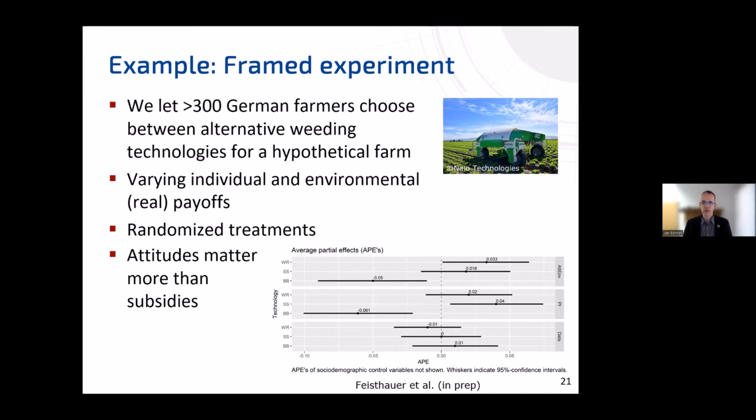So we measured the farmers' attitudes towards environmental protection, and the PI means the personal innovativeness. So how innovative is a farmer? These factors contributed to reduced adoption rates of broadband spraying and increased adoption rates of alternative methods, and sometimes in favor of the weeding robot and sometimes in favor of spot spraying.